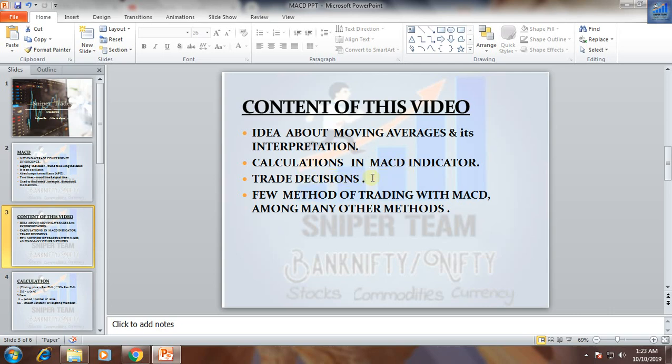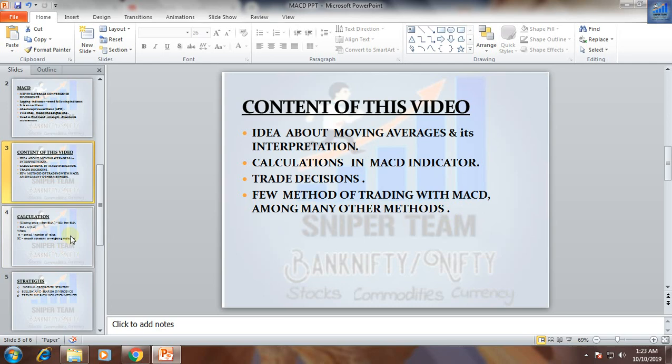Next, I am going to explain trading decisions with the help of the MACD indicator, and then show a few examples and strategies. There are many methods to trade with MACD. We can combine the MACD indicator and its reading with other indicators and also with price action, and trade.